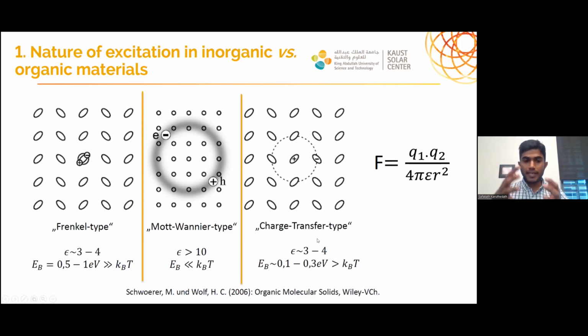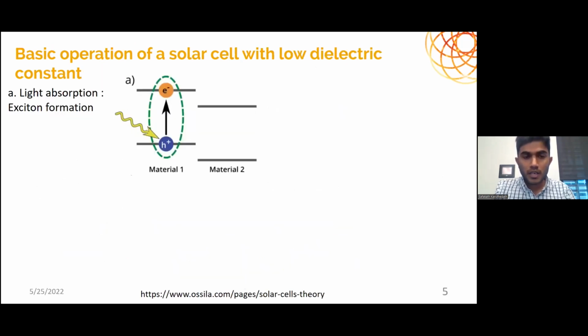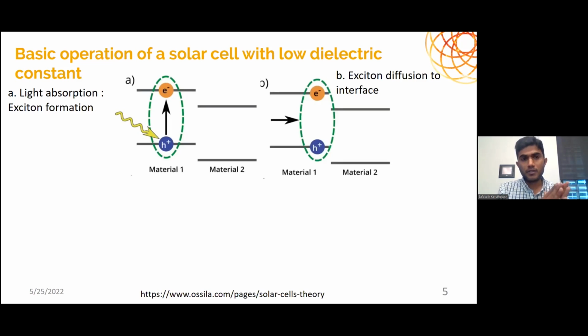When you put a second material with the first material, the donor and acceptor mixed together, the electron and hole are in 2 different materials, material 1 and material 2. That state, still bound, we call the charge transfer state. Let me explain in detail. When organic semiconductor material 1, let's say the donor, absorbs light, it forms a singlet exciton, and these excitons move to the interface to get separated.